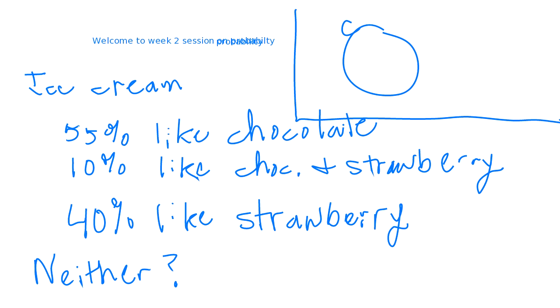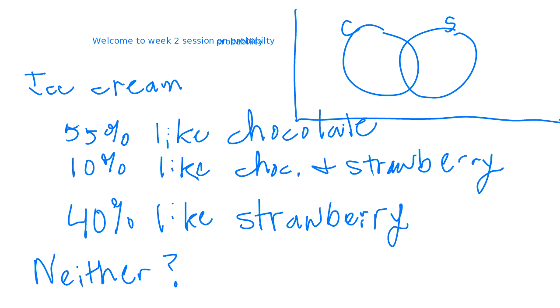Now they overlap because there's some people that like both. I'm not talking about any other flavors, just chocolate and strawberry out of this group. There are probably some people that don't like either chocolate or strawberry, but it's not asking what they like. So we're just dealing with these two flavors.